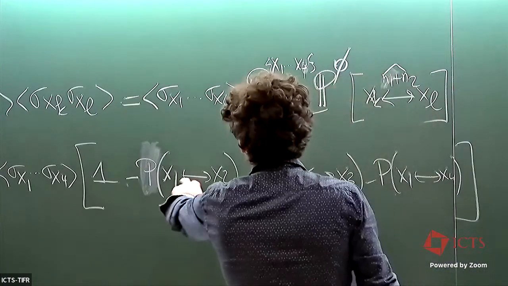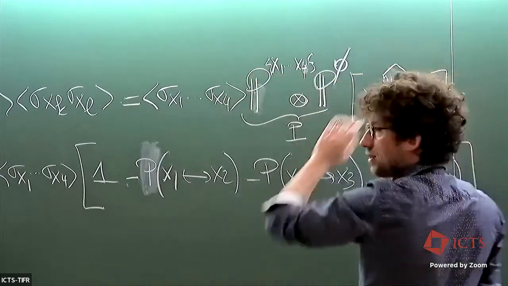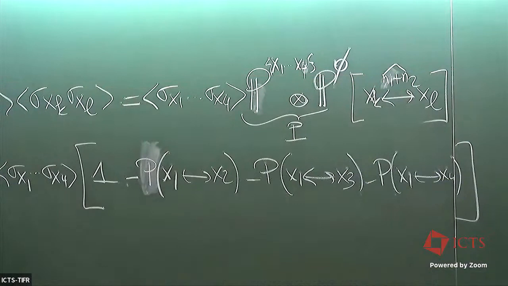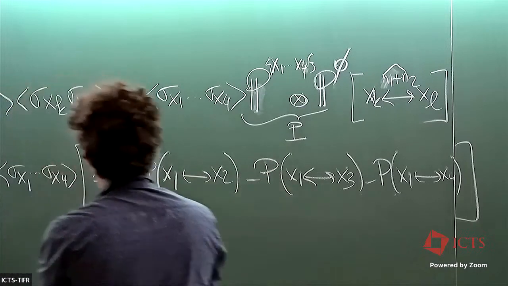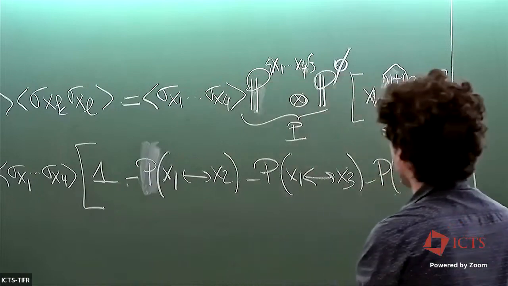I mean, here, x1 connected to x2 in n1 hat, and so on. But U4, sorry, which is this minus G4. Yes, thank you. So you get something like that.